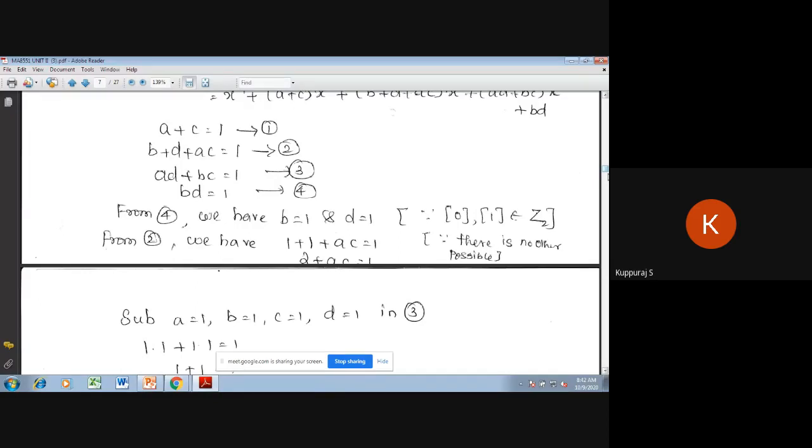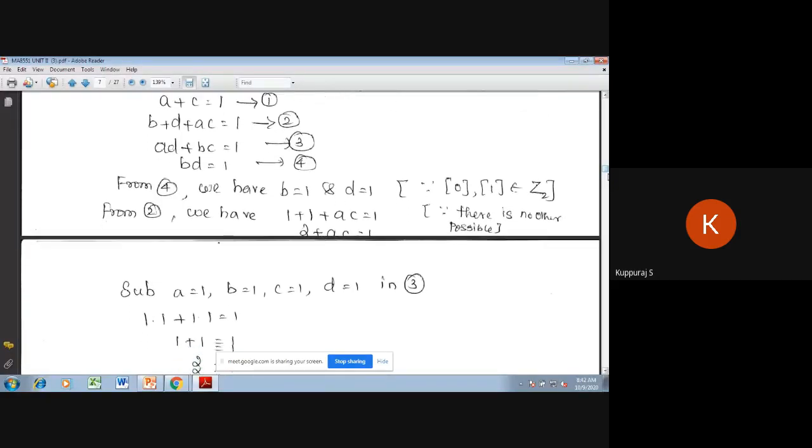Now 2 is congruent to 0 under mod 2, so 0 plus ac is equal to 1. Again ac is equal to 1. Then the product of a and c is equal to 1, which means the values of a and c will be 1. So we got the values of a, b, c, d all equal to 1.